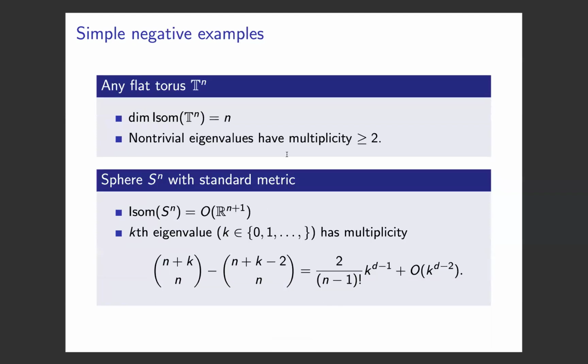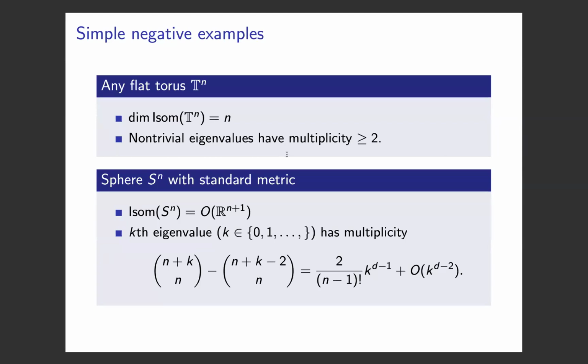Then there are also, of course, non-examples. You can take a flat torus, either the standard flat torus or maybe one where the corresponding lattice has, say, algebraically independent lengths. Then all of the non-trivial eigenvalues of the Laplacian are going to have a multiplicity at least 2. If you write down the Fourier basis, each one has a conjugate pair.